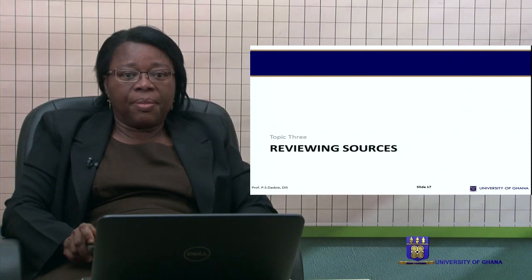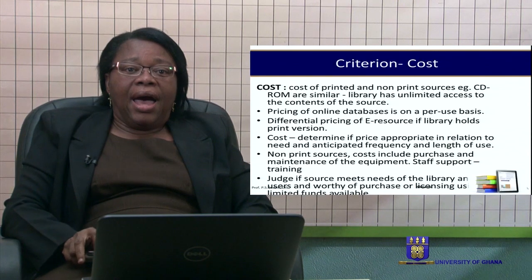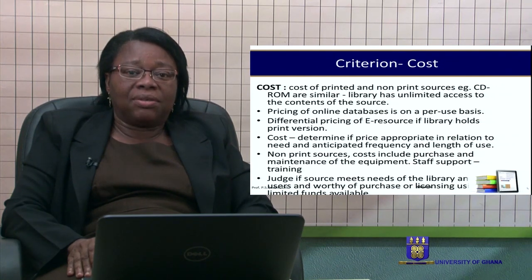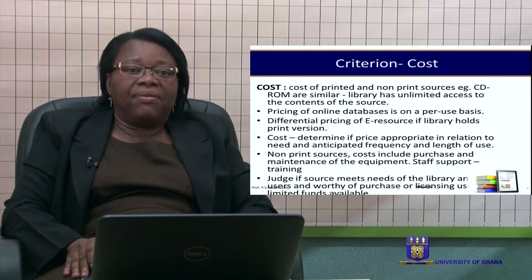Now, I have a popular acronym which I always give to students to enable them remember the criteria that I have described. I call them AFSTAFs. A for authority, F for format, S for scope, then T for treatment, A for accuracy, A for arrangement, F for format, and S for special features.